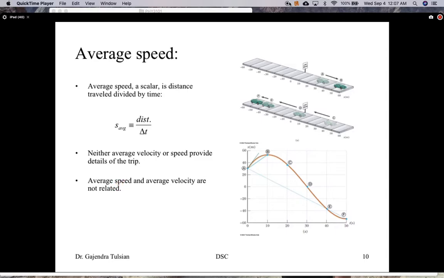And by the way, average speed and average velocity are not related. It's only, as you'll learn in a second, for instantaneous velocity that the magnitude of instantaneous velocity is the instantaneous speed. Only in that case are they related.